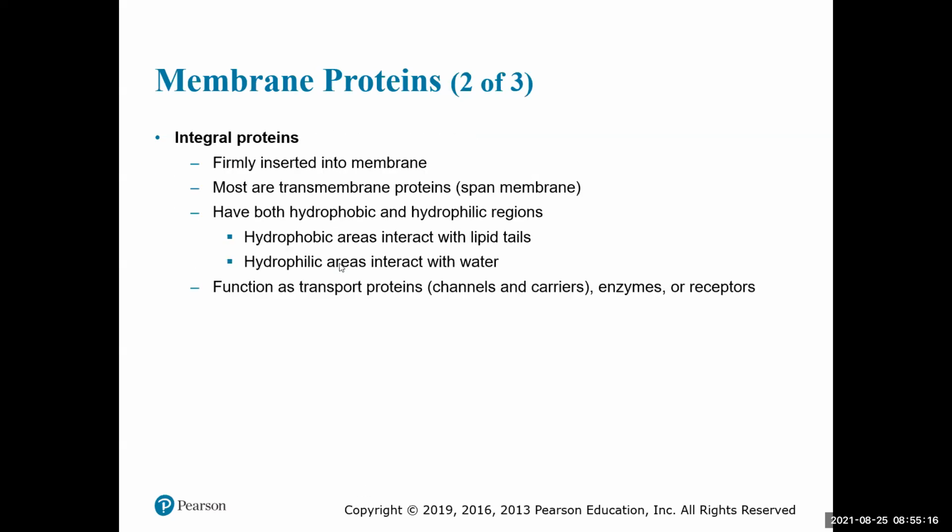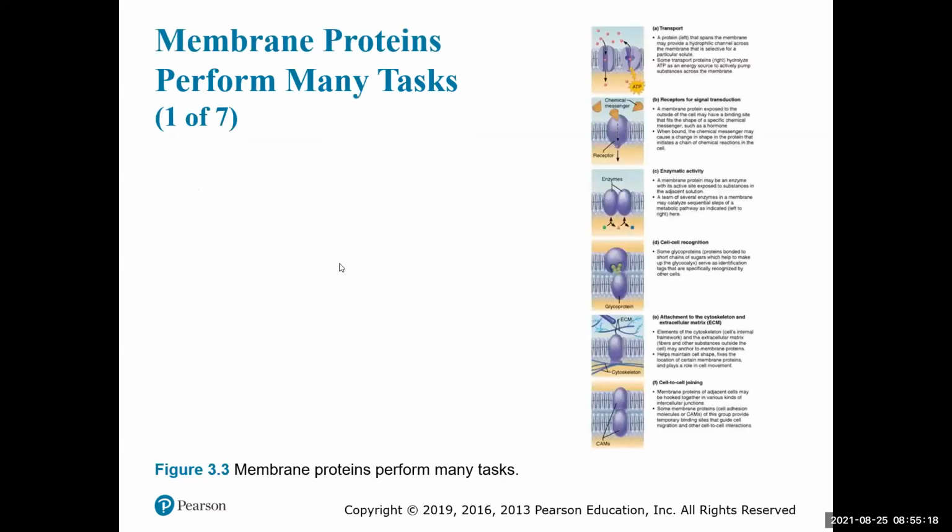All right, integral proteins, we talked about peripheral proteins. This shows you the different functions. Now, I talked about mostly receptors and linkers, but proteins are also used for enzymatic activity, cell-to-cell recognition, attachment to the cytoskeleton.